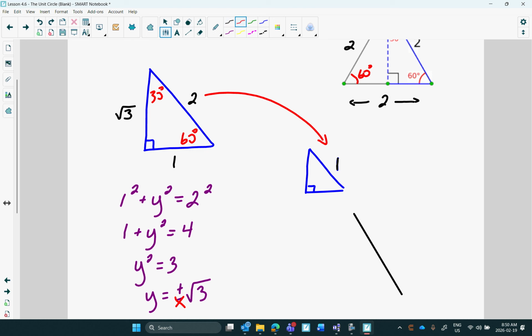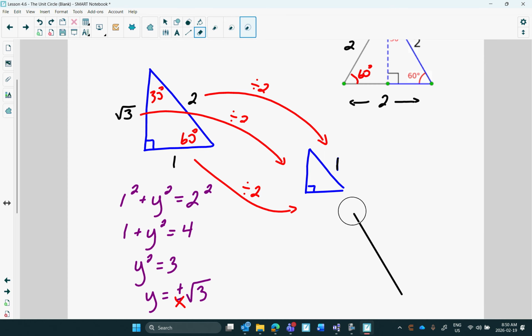Divide by 2. Which means I gotta divide this by 2. And I gotta divide this by 2. So what is the square root of 3 divided by 2? Well, it's the square root of 3 over 2. Again, we're not using calculators here. What is 1 divided by 2? 1 half.